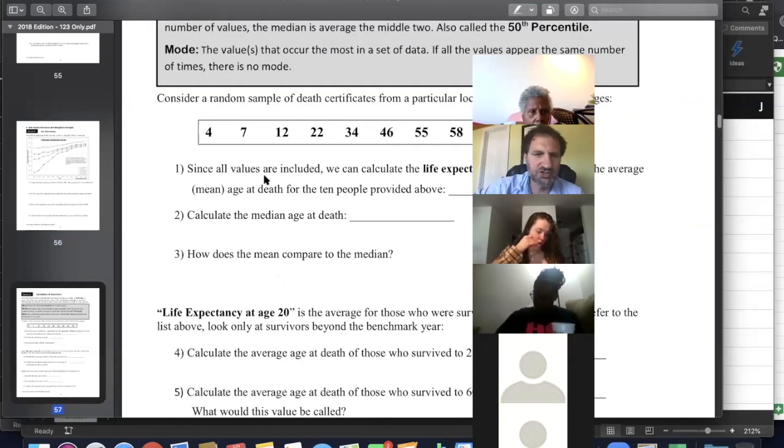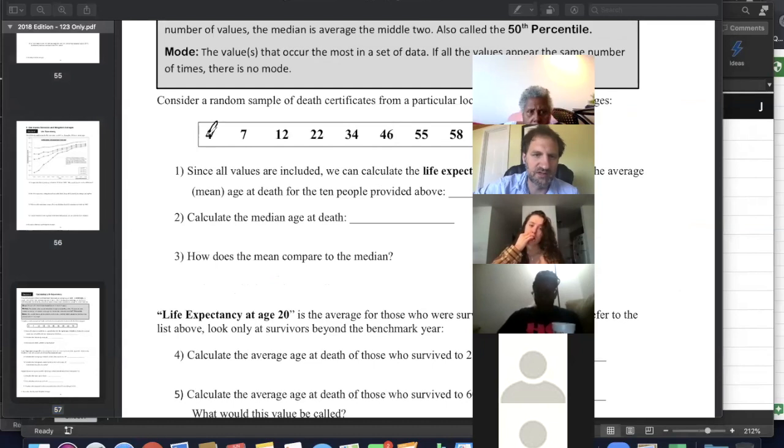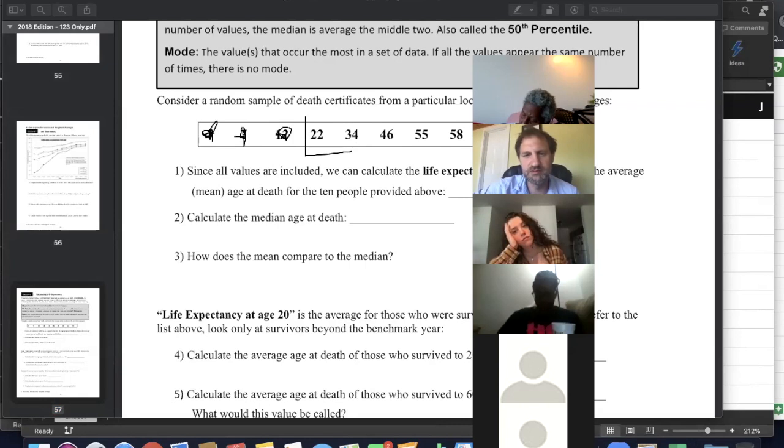So we would actually take out the first three numbers and we would recalculate the life expectancy, ignoring this one and this one and this one, because these poor children didn't even make it to 20. So a life expectancy at 20 is calculating the mean, but only looking at those numbers.